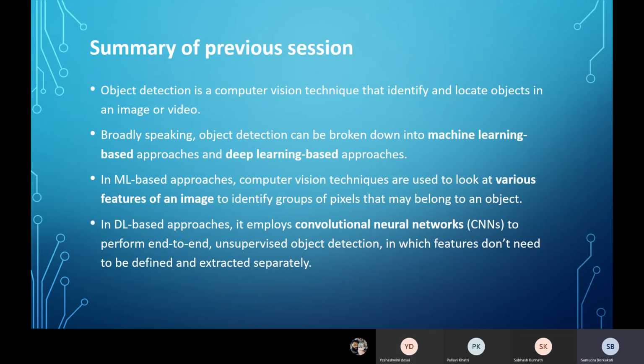Broadly speaking, object detection can be broken down into two approaches: machine learning and deep learning. In machine learning, certain features of the image are used to identify the objects and to locate them.